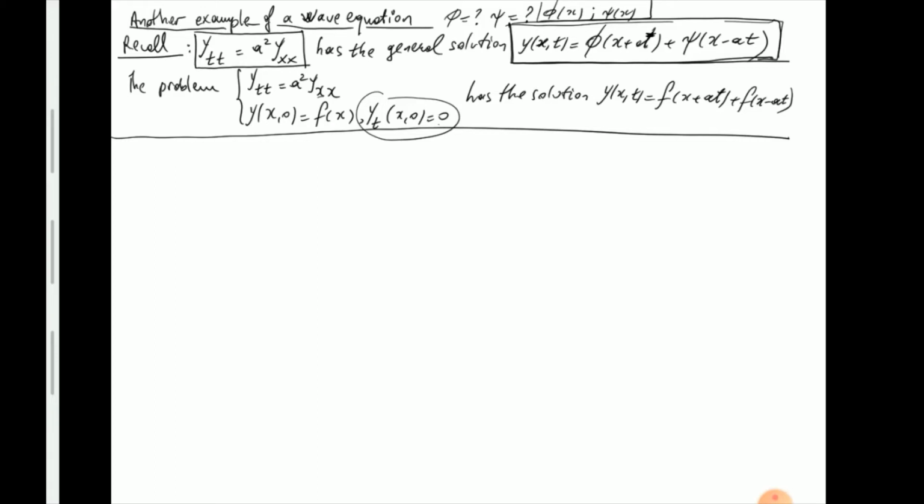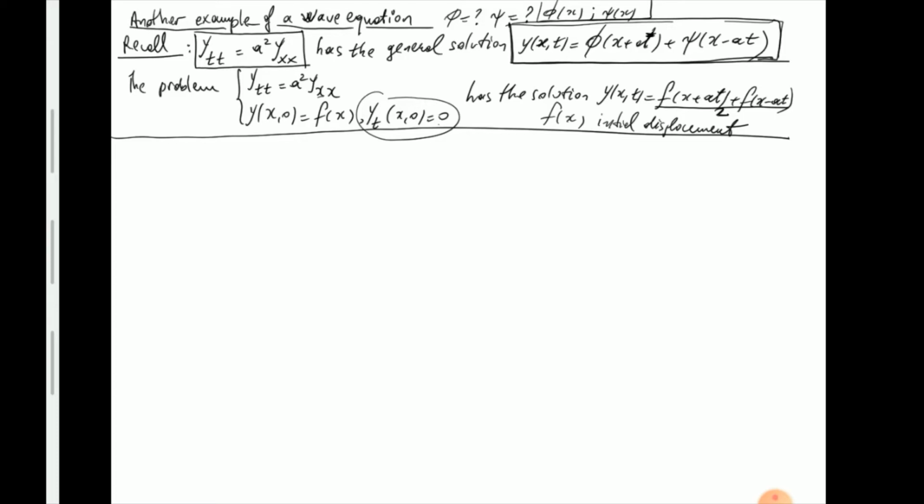So in other words, the traveling waves are given by the function itself, the one that gave you the initial displacement. To obtain the solution of the wave equation, all we have to do is to evaluate this function at x plus at and x minus at and add the two. Sorry, this is over 2. I forgot the semi-sum, right? So the semi-sum of these functions.